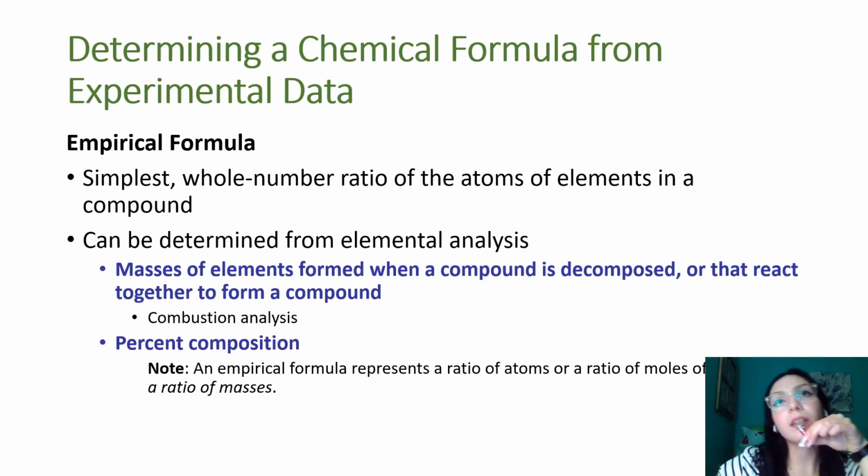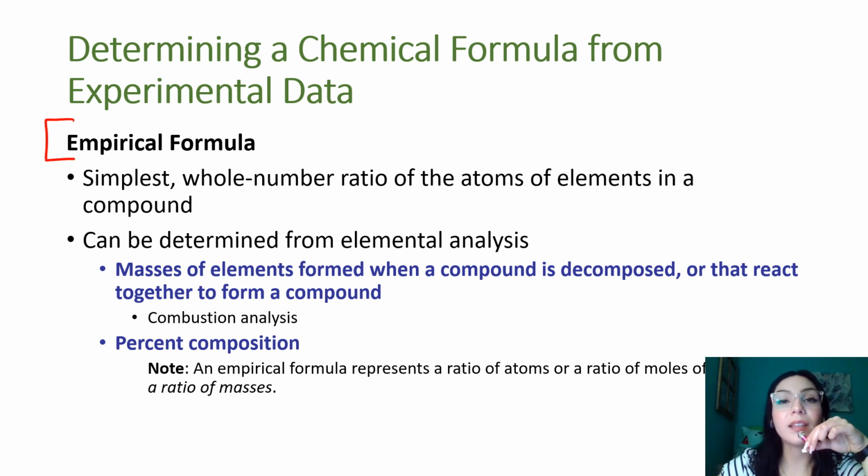So again, think of a situation where you have amounts of elements within a sample, but you don't know the formula. We actually have a process for this where we can determine the formula from that experimental data, and that is called the empirical formula.